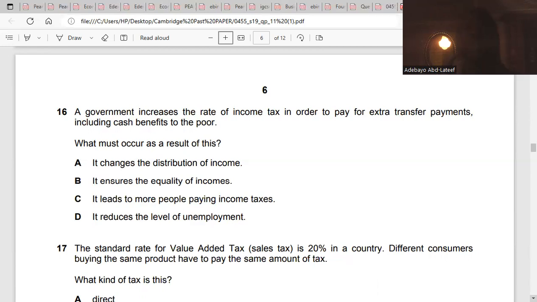Government could increase progressive tax to reduce the gap between the rich and the poor. That means government wants to redistribute income. So the answer should be A. It changes the distribution of income, because government is trying to redistribute income.